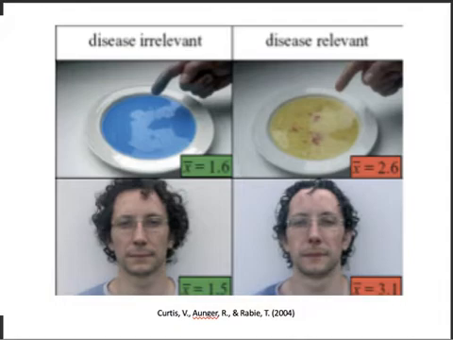I want you to look at these two sets of pictures, on the left and the right. When you look at these two pictures here, this looks like a very clean and clear substance, and this is a person who looks pretty normal. So when you look at these pictures, you don't really feel much. Maybe you wonder what this liquid is.